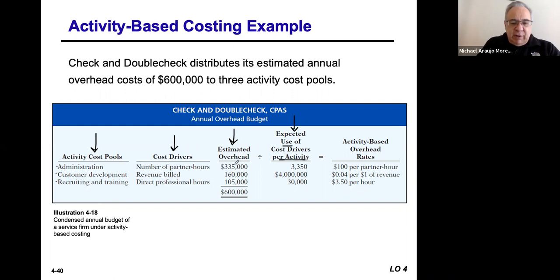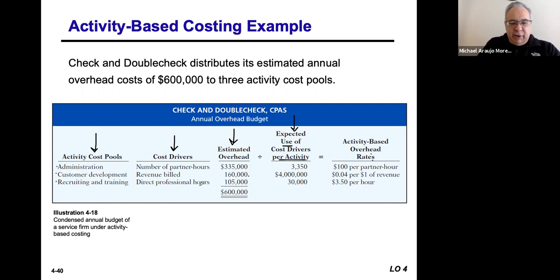So here they have $335,000 divided by an expected 3,350 partner hours, and so it's $100 per partner hour as the overhead rate for that activity. 160,000 for revenue billed divided by the $4 million expected is 4 cents for every dollar of revenue that they've billed.